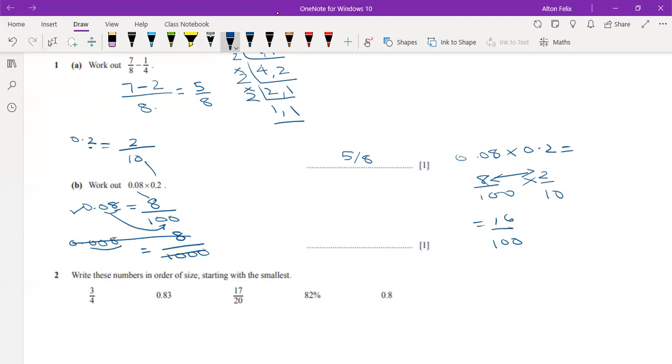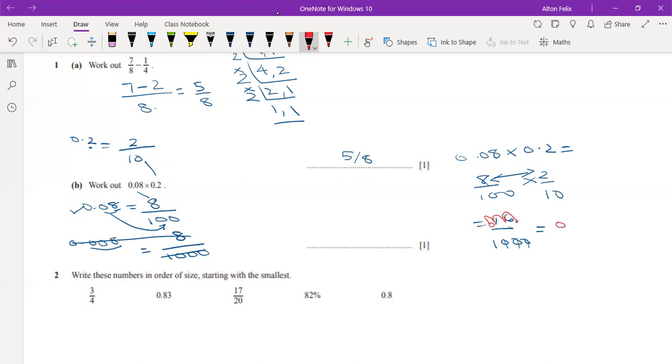So the answer becomes 16 over 1000. When we divide by 1000, we are moving the decimal point, which is understood after the whole number 16.0, 3 places to the left. 1, 2, 3. And of course, you'll add an additional 0 to compensate for that extra decimal place.